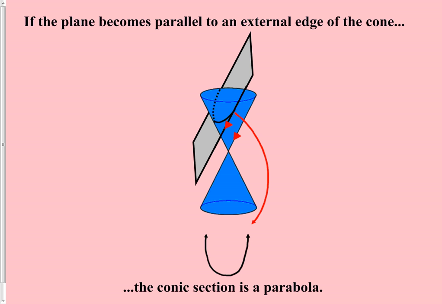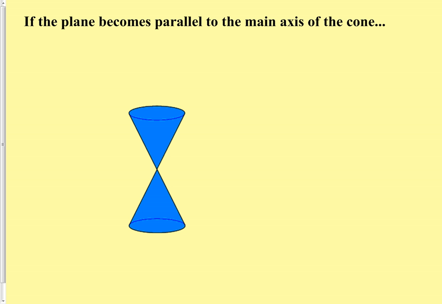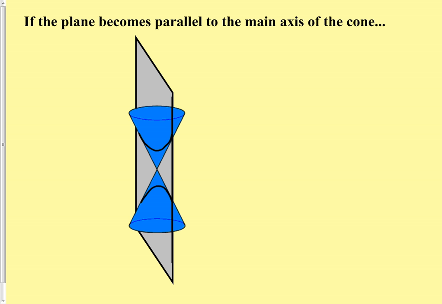Okay, there is one more cross section that is going to be a topic of interest for us on the conic sections, and this one would deal with the possibility that a plane might pass through our double napped cone such that it is parallel to the main axis of the cone. Well, now this one becomes increasingly difficult to draw.